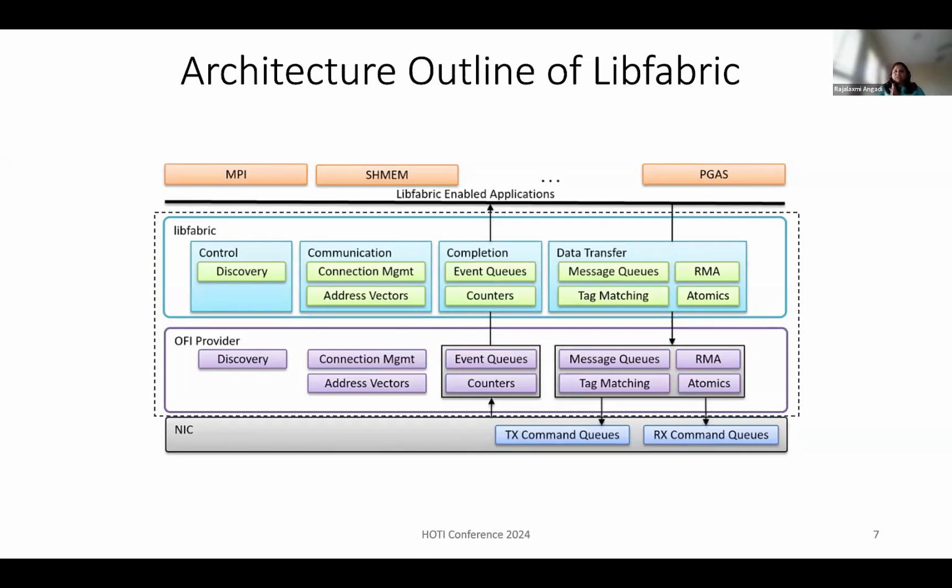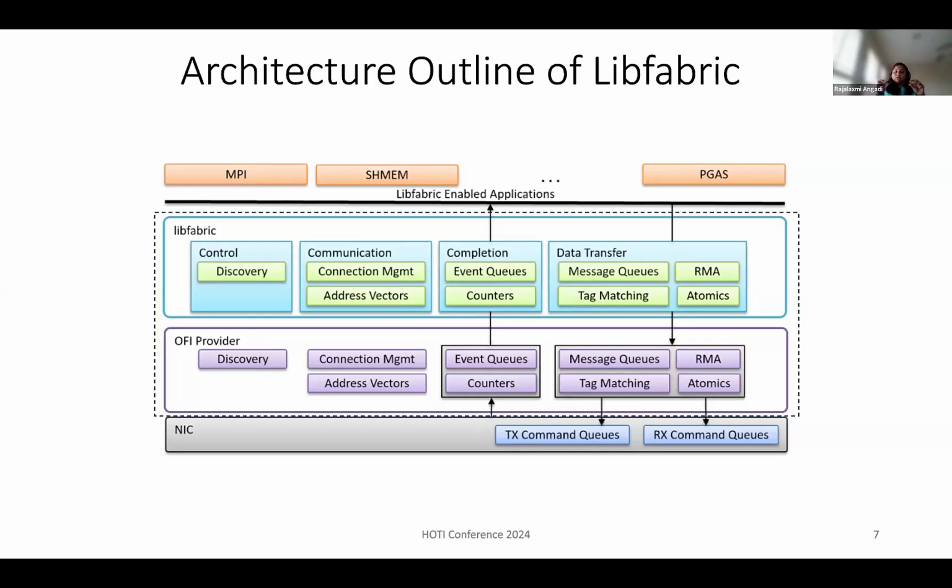Then we have completion APIs. For each of the sends and receives that we do through the send and receive queues, we also have completion notifications. Those are being notified with the completion events with the event queues and counters. So all the management of that part is done in the completion set of APIs. Then we have the data transfer APIs, which are crucial for sending and receiving the data itself.